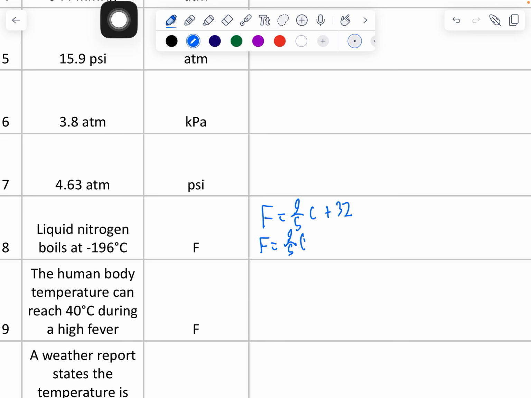We're going to plug in negative 196. To do this operation, let's do 9/5. This gives you 1.8. Then we're going to multiply that by our negative 196. This will give us negative 352.8.